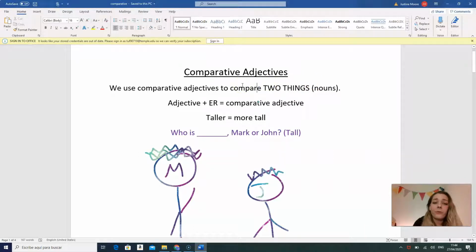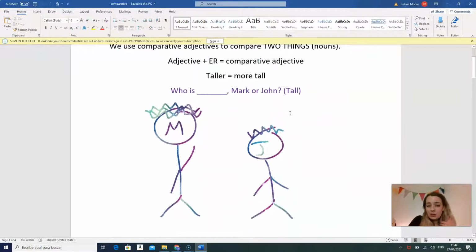To make the comparative adjective, you take the adjective and add er. So taller is tall, the adjective, plus er, taller. Taller means more tall.